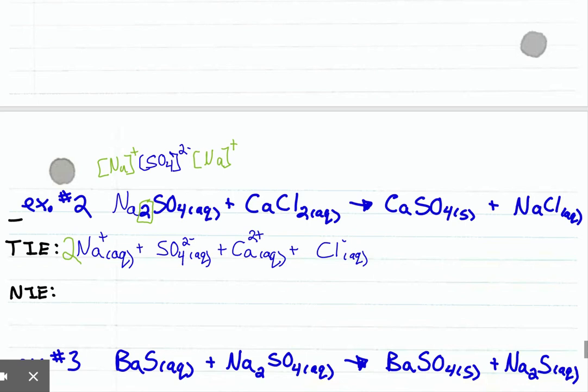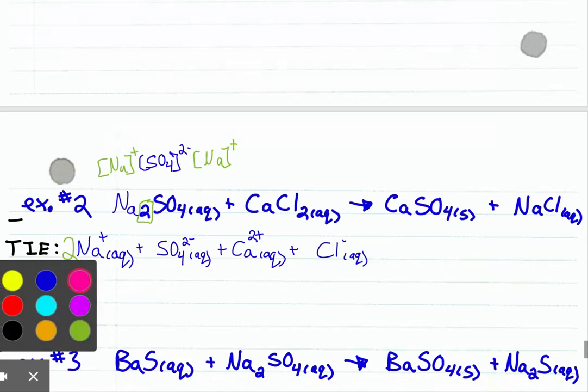But again, something just to be mindful of is that we have a 2 right here. So this 2 is telling us that in this ionic compound, there is 1 calcium and 2 chlorines. So we have to put a 2 in front here.